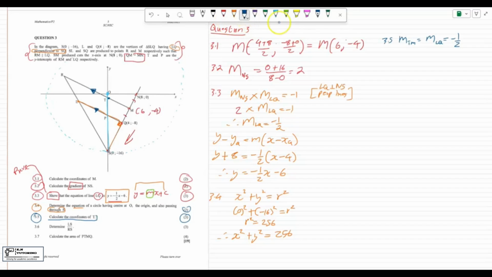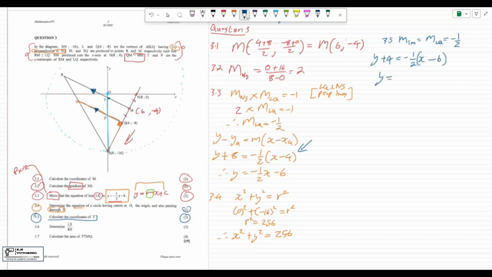All right. Now I can go and substitute and say y plus 4, I'm just substituting directly. The gradient there is -1/2 times x minus 6, the x value is 6.